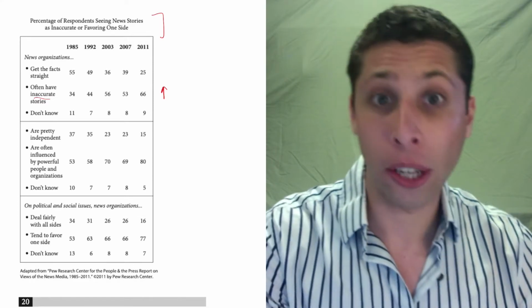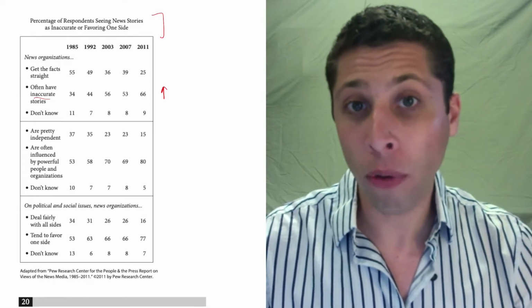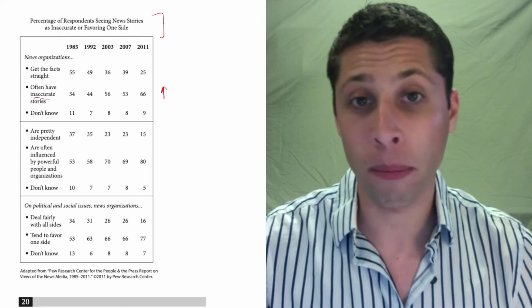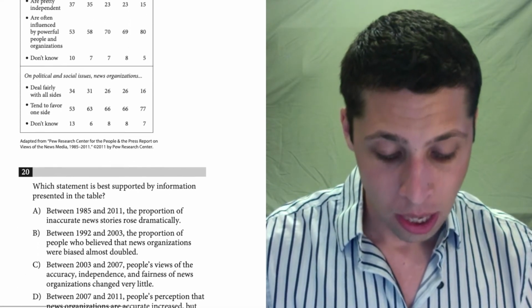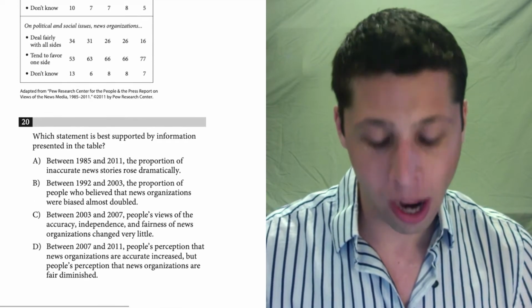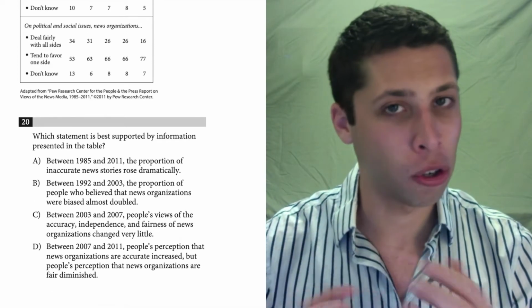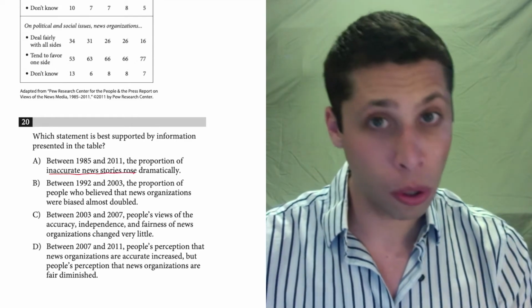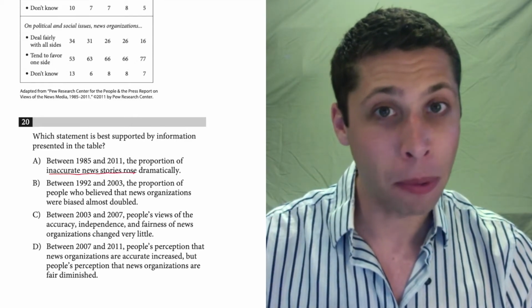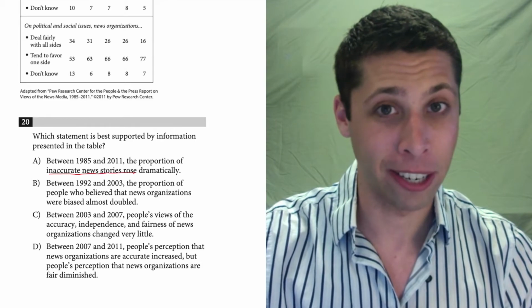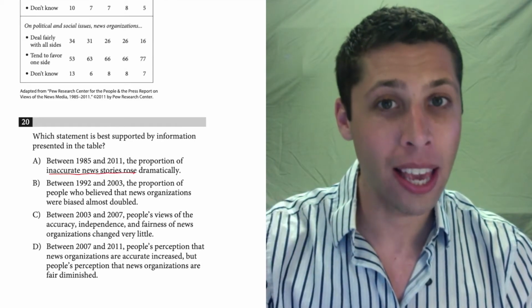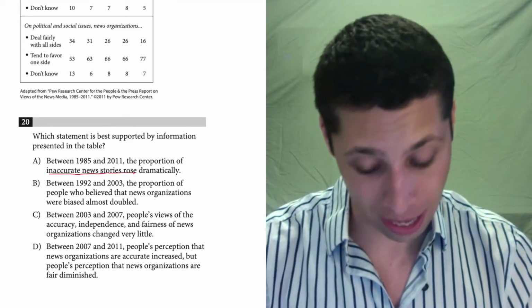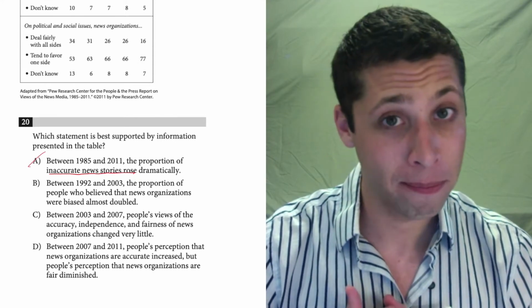It could be that both things are true, but we don't know based on the chart about the actual number of inaccurate news stories. So this is a good example where they're trying to confuse you about what the chart says. It's not necessarily true that people saying the news is more inaccurate means that the news actually is more inaccurate. Those are different things. So that gets rid of A.